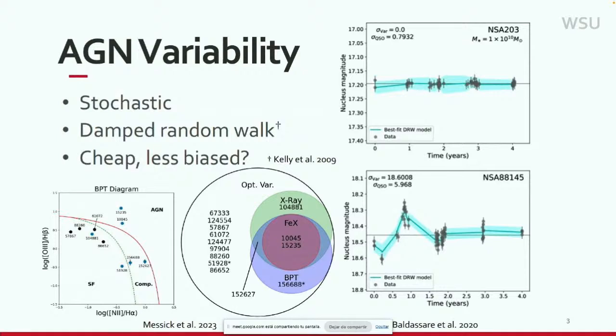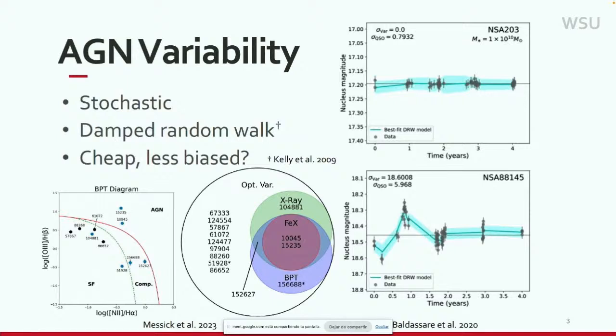And then on the bottom left is what's called a BPT diagram. It is just a diagram that plots the ratios of certain emission lines. It makes empirical cuts to try to classify the emission as being dominated by star formation, AGN emission, or some composite of both.